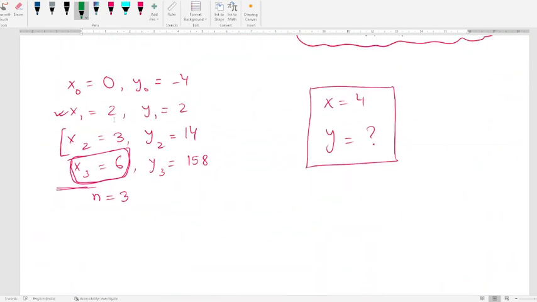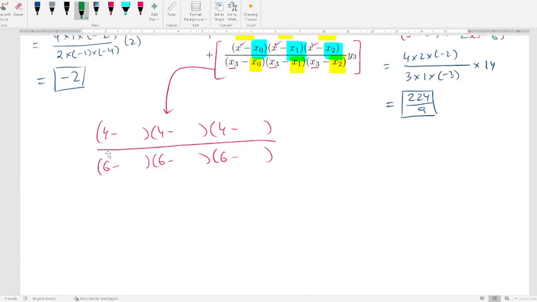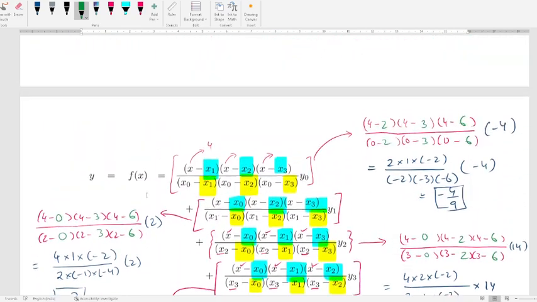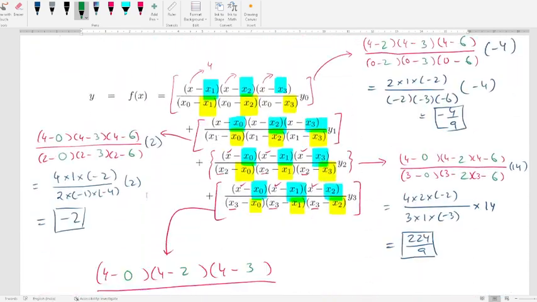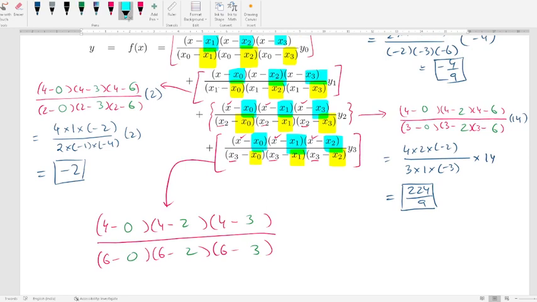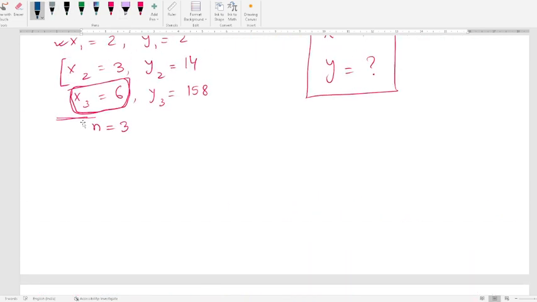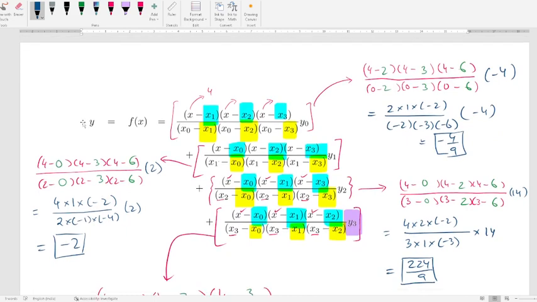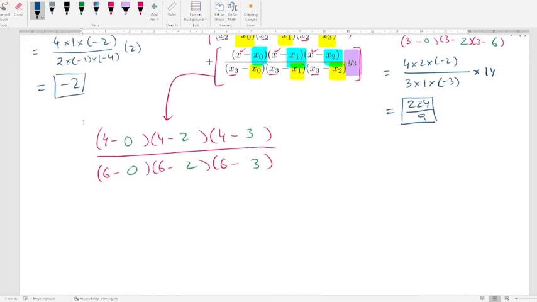So x0 or x naught is 0, x1 is 2, x2 is 3. So 0, 2, 3 in the numerator, 0, 2, 3 in the denominator, and finally we have to find out what y3 is, right? So if you look here in the expression, this is y3. y3 is 158.